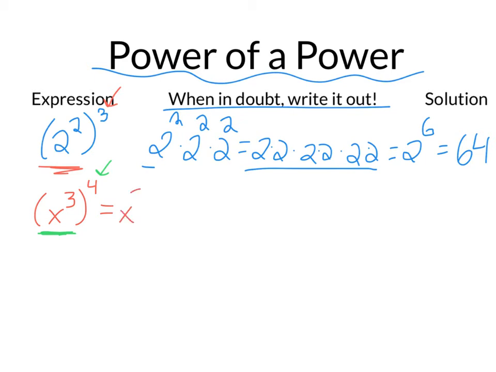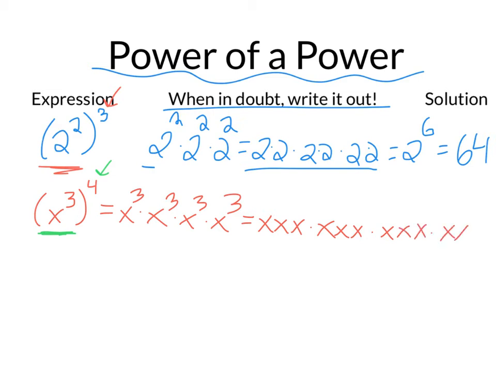So that means x to the 3rd times x to the 3rd times x to the 3rd times x to the 3rd. 4 x to the 3rds, and then each x to the 3rd means x times x times x. So I have 4 sets of 3, so now 1, 2, 3, 4, 5, 6, 7, 8, 9, 10, 11, 12. This becomes x to the power of 12.